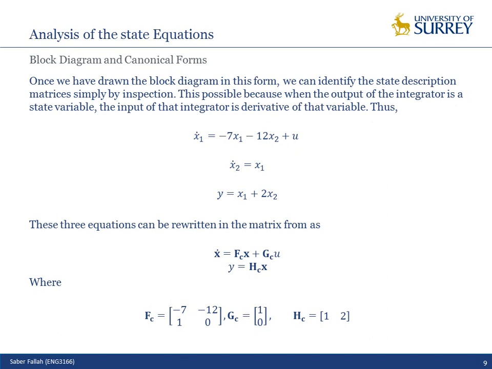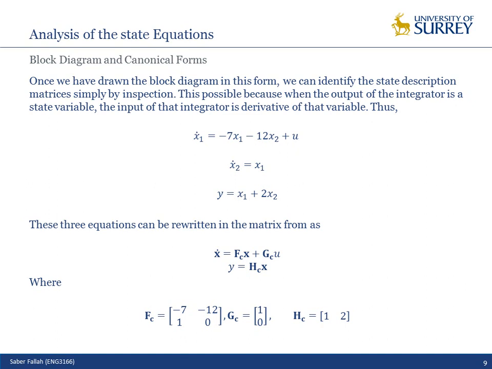So if a transfer function is given and they ask you what's the state space representation, you just need to look at the coefficient of the characteristic equation. Based on the coefficient of the characteristic equation, form the first row of your system matrix. The rest will be diagonal 1s, 1, 0, 0, 0, 0, 1, whatsoever, and the input vector is 1, 0, and H is the coefficient of the numerator.